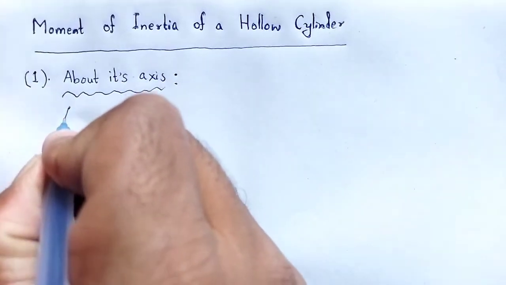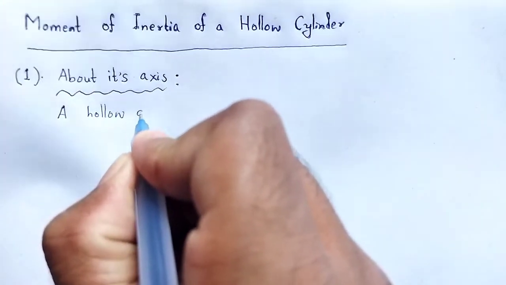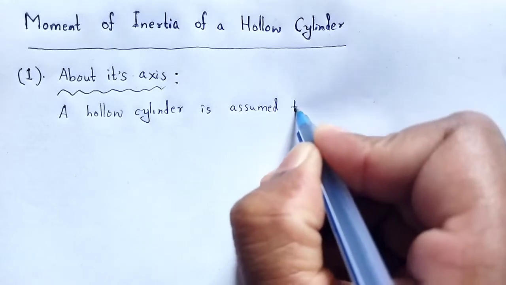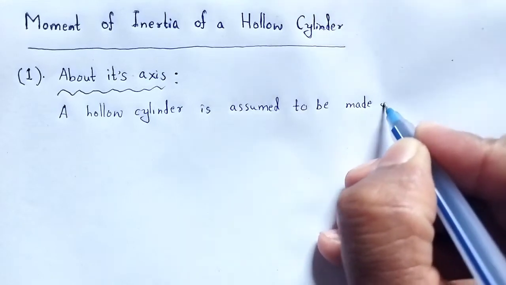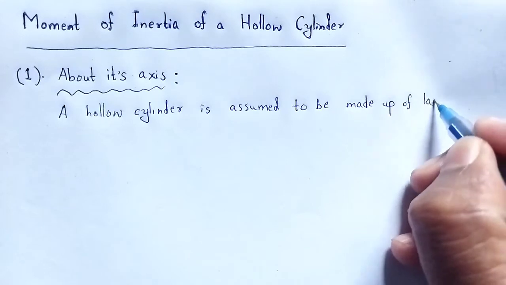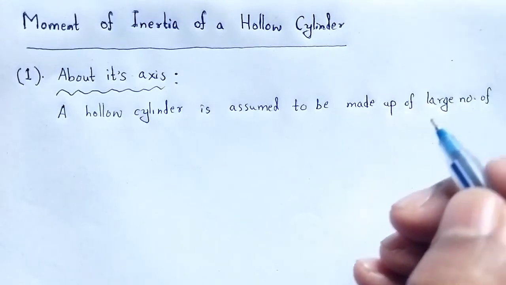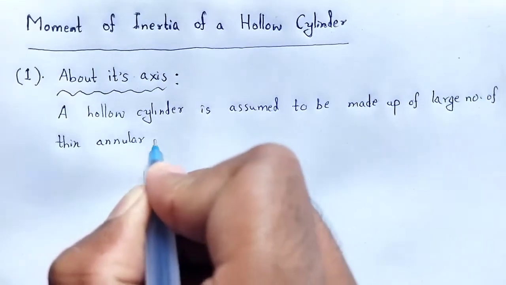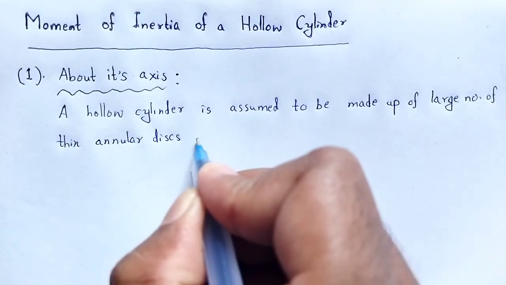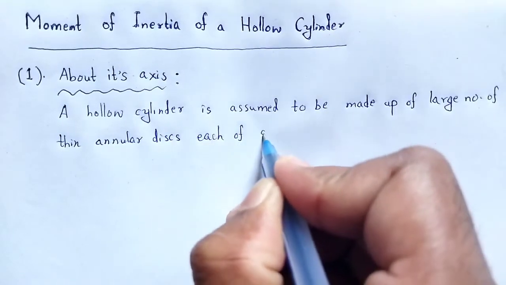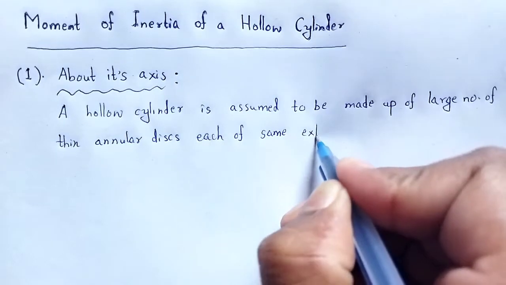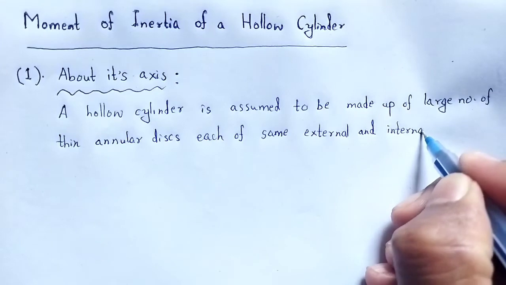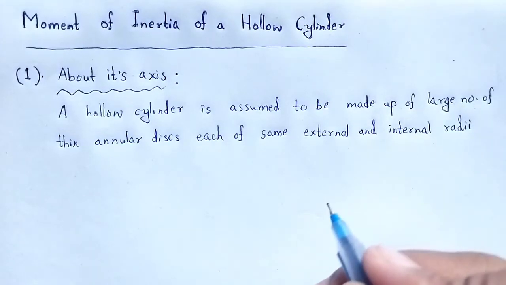What is a hollow cylinder? A hollow cylinder is assumed to be made up of a large number of thin annular discs, each of the same external and internal radii, adjacent to each other.